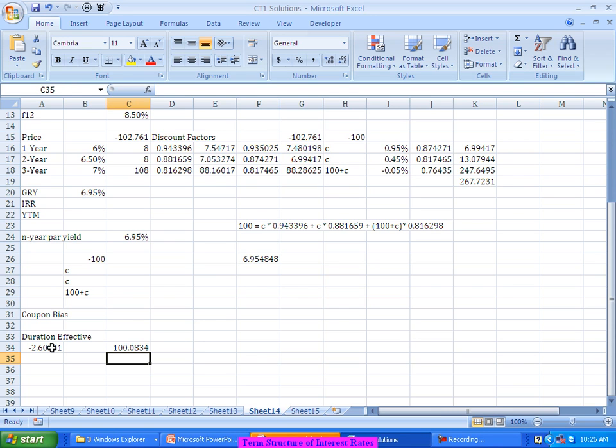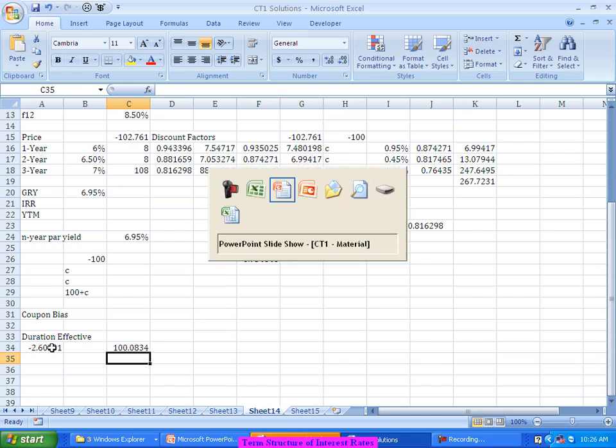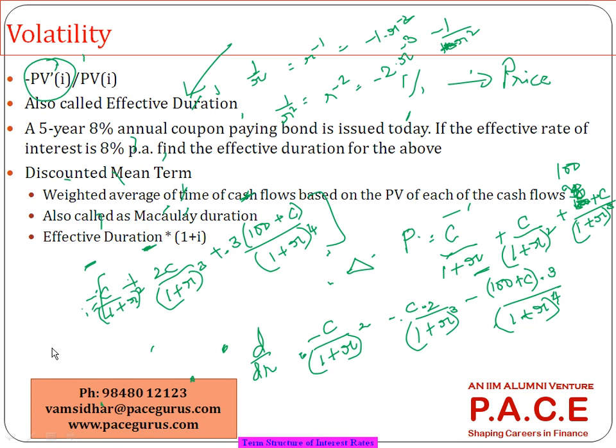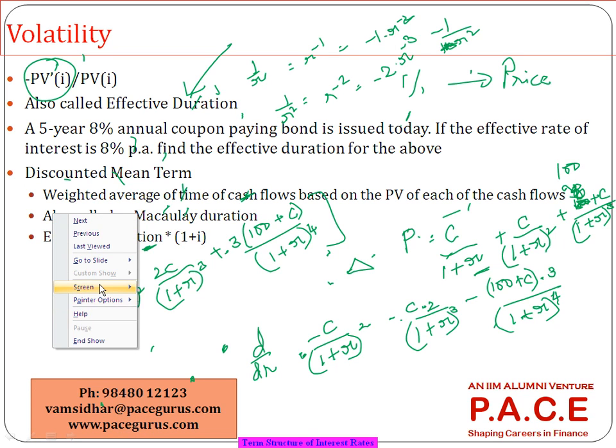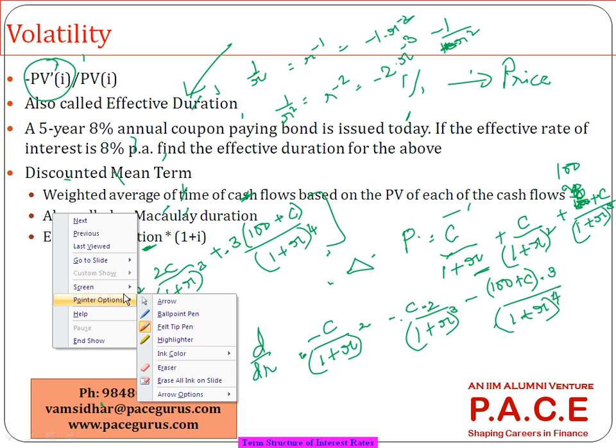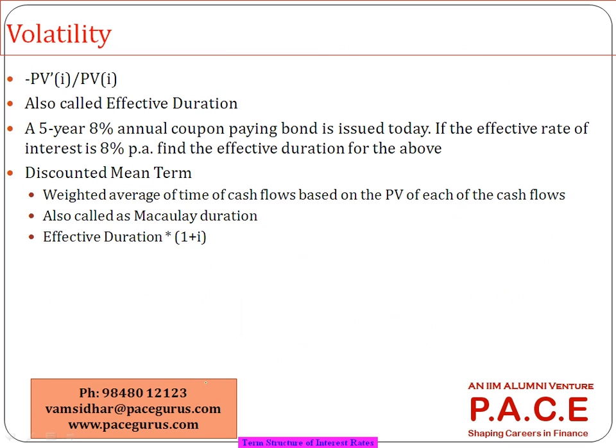So that is one way of calculating the volatility. Whereas there is another method, which is also called the discounted mean term mechanism, or Macaulay duration.